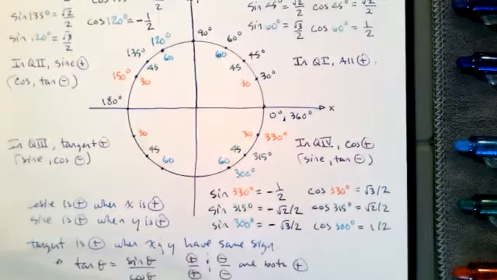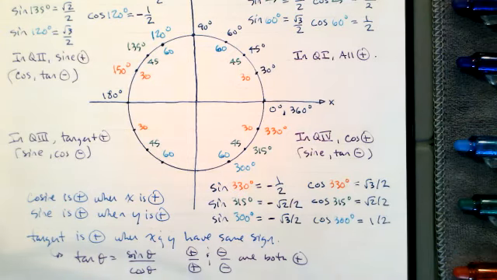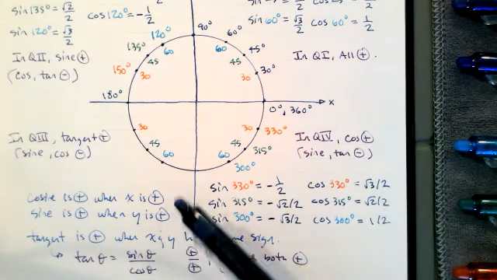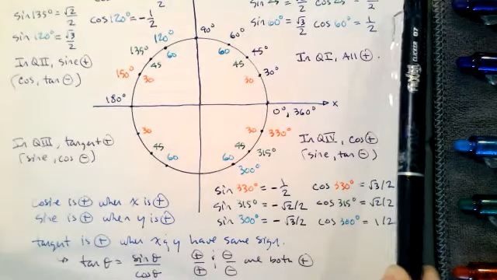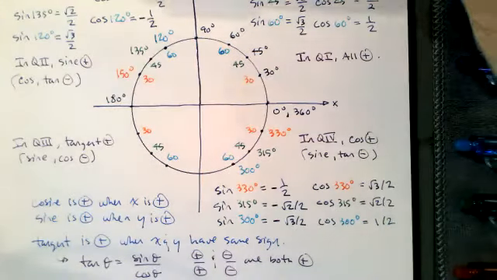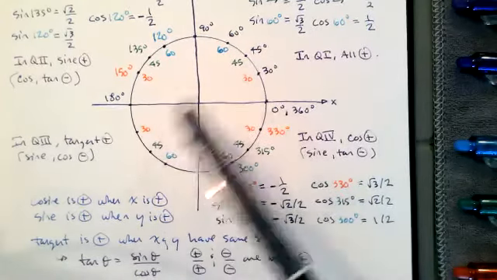your job is to learn this unit circle all the way around. And learn your positives and negatives in this way. Cosine is positive when x is positive. Sine is positive when y is positive. Tangent is positive when x and y match.